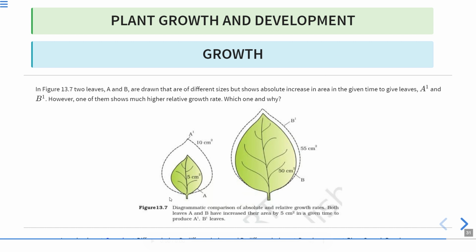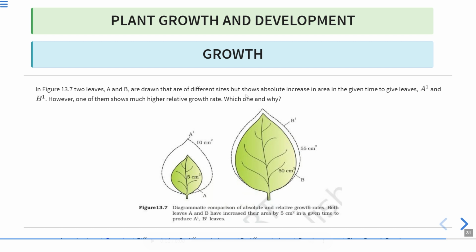Leaf A is 5 centimeters square, and after a particular time period you note down its size again. Leaf B earlier had an area of 50 centimeters square.